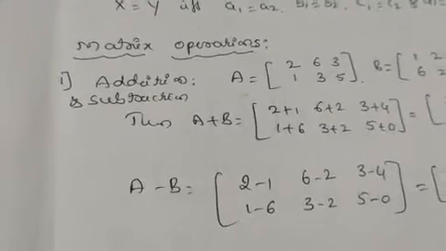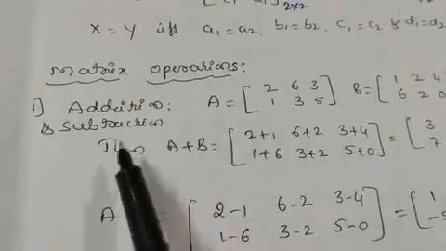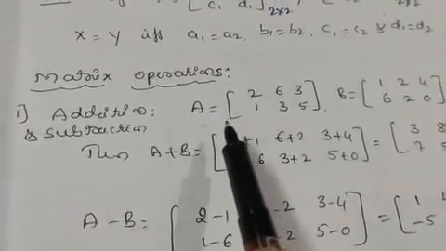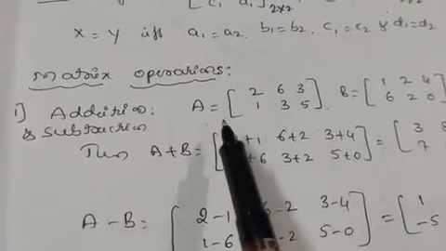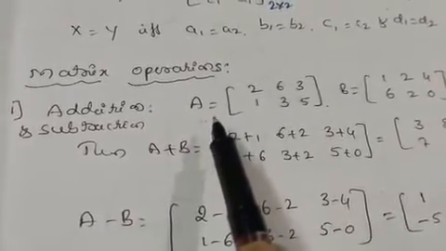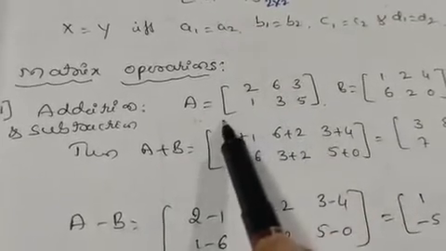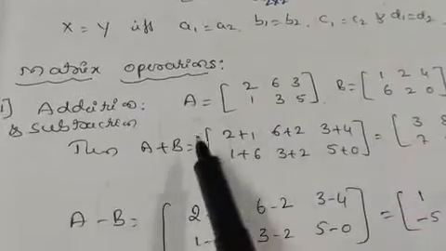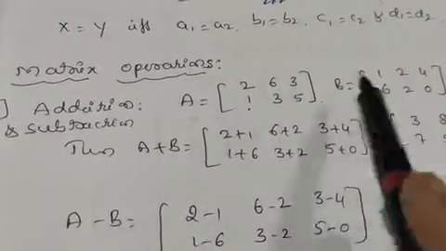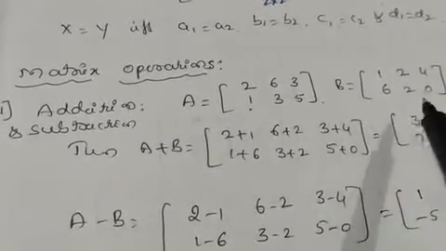Next is matrix operations. First comes addition and subtraction. These are very basic things you studied in your previous classes. For addition of two matrices, the first point is that their order should be the same. Here A and B are of the same order, so we can add their elements: 2 plus 1, 6 plus 2, 3 plus 4, 1 plus 6, 3 plus 2 and 5 plus 0.